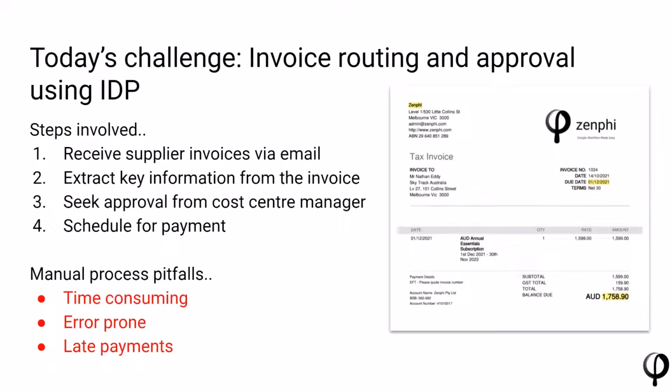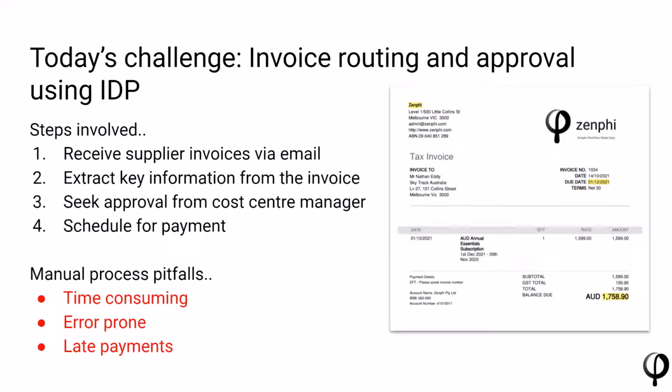So that brings me to today's challenge, and that is the accounts payable process of invoice routing and approval. Just about in any organization, you'll find an accounts payable department that is responsible for receiving and processing invoices that come in from their suppliers.